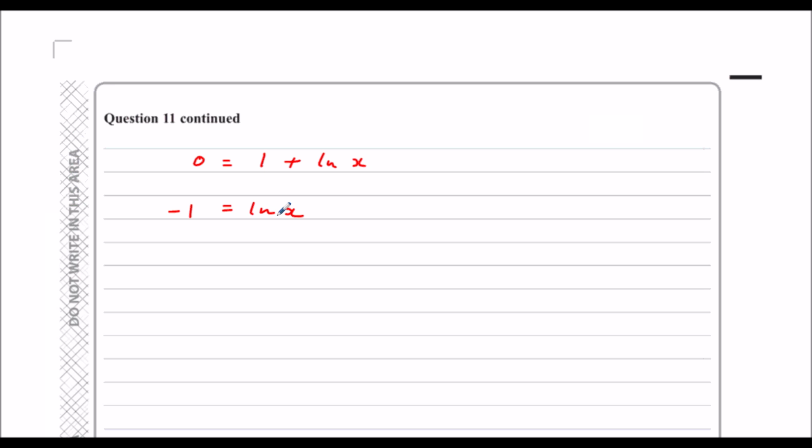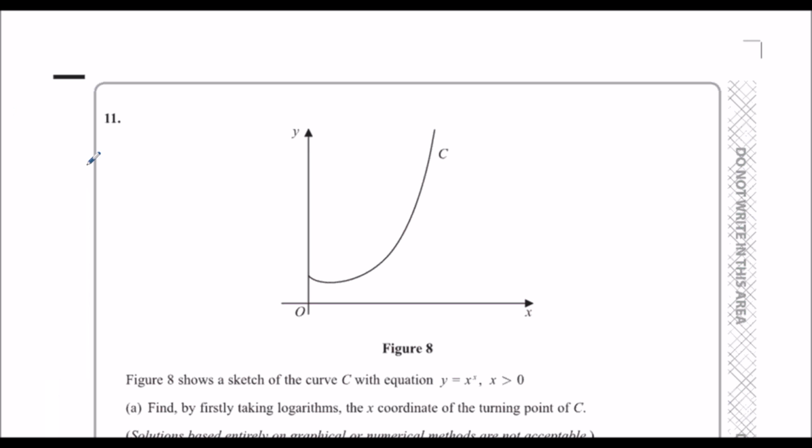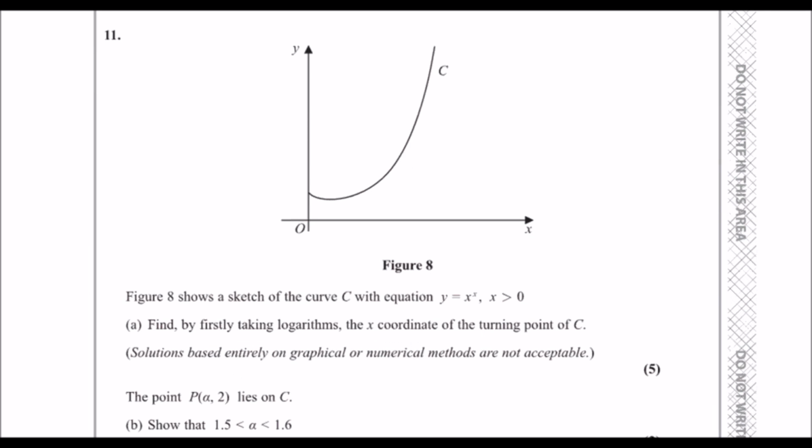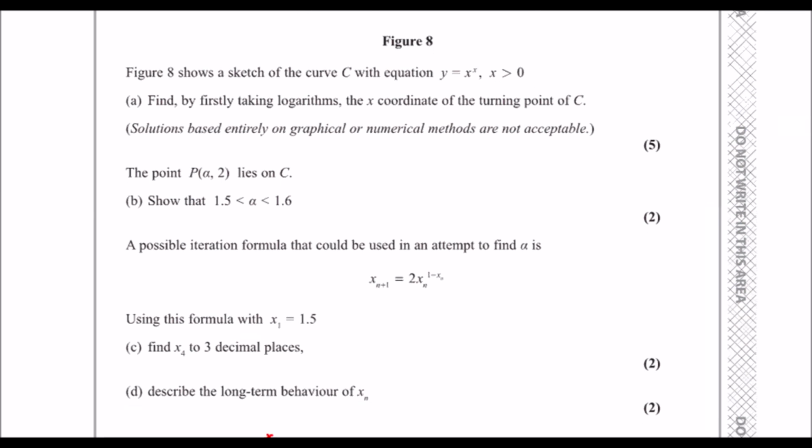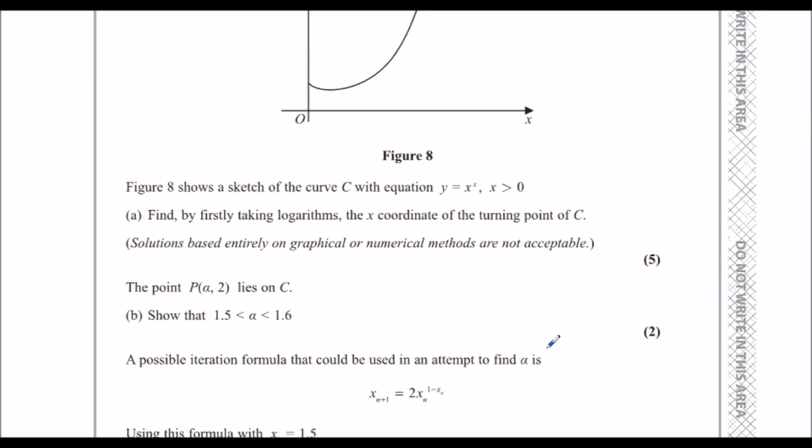So e is the base, -1 is the power. So e to the power of -1 is equal to x. So e to the power of -1 is the x-coordinate of the turning point. And we only wanted the x-coordinate. So we're on to part B.